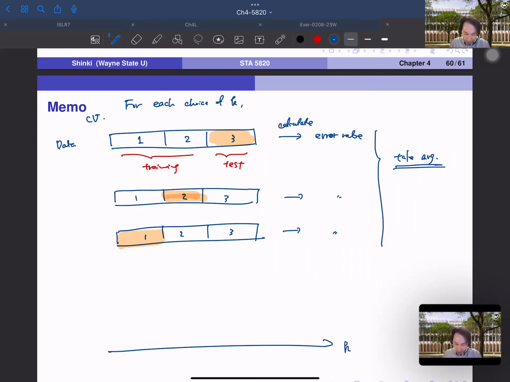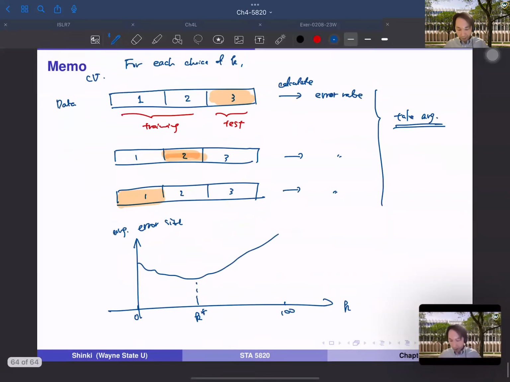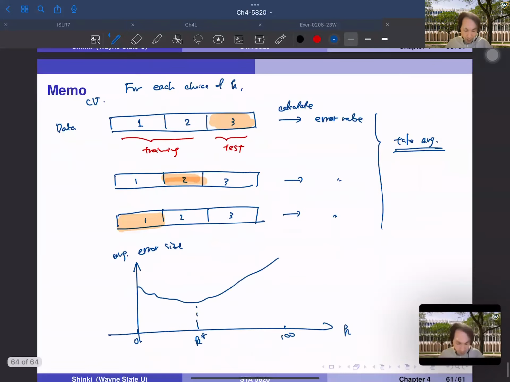So basically, if K ranges from 0 to 100, and we have the average error size, then we have a curve like this, and this is the optimal K. And we use this optimal K for the model. Yeah, so this is KNN with the cross-validated K.